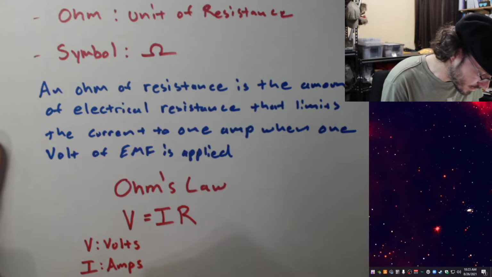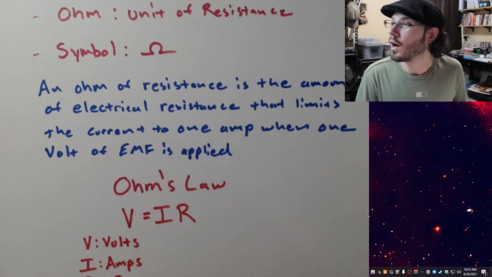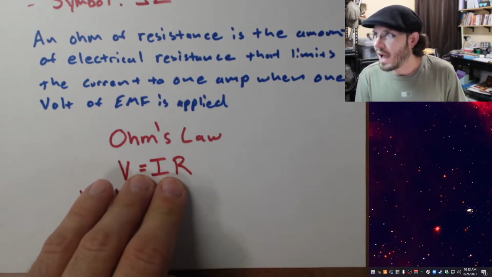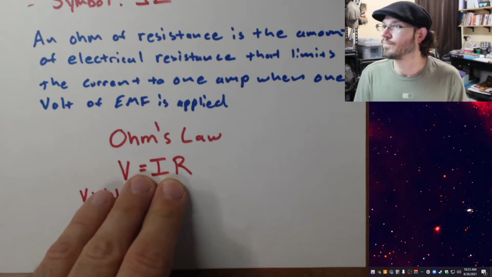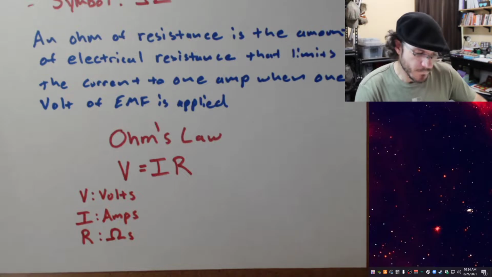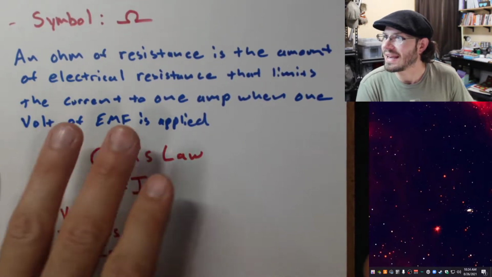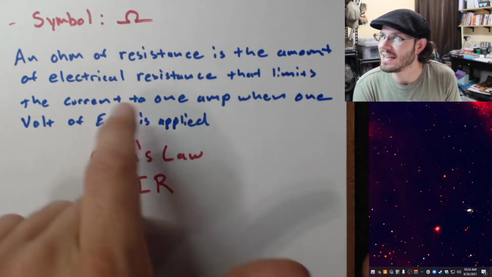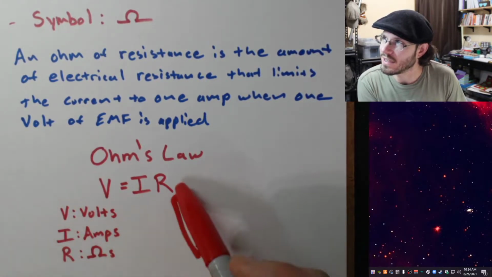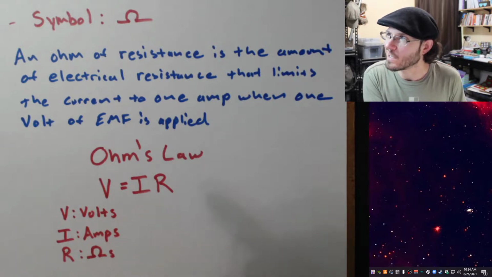R is for ohms. Okay? I just remember it like this: V equals IR, ver. And it is this exact sentence written in a much more condensed, I think, easier to see equation.